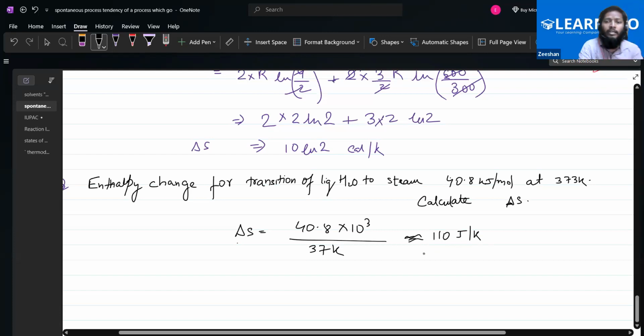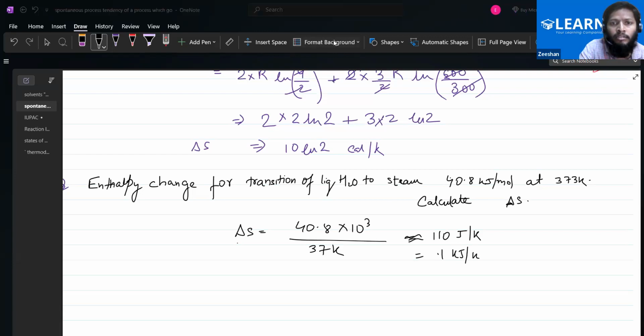If you write it as somebody has written, 0.1 kilojoule per mole, that is also correct. So you have got the answer. I got the answer from five people. Good. This is one of the easy questions.